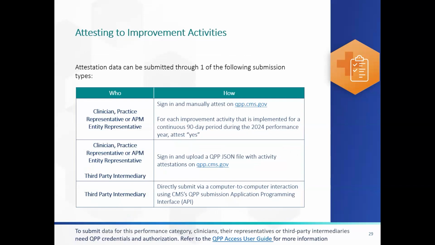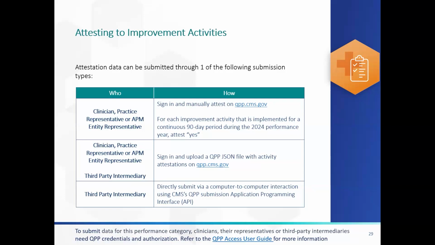Next slide, please. Attestation can be submitted through one of the following submission types. If you're a clinician, practice representative, or APM entity representative, you can simply sign in and manually attest on qpp.cms.gov.